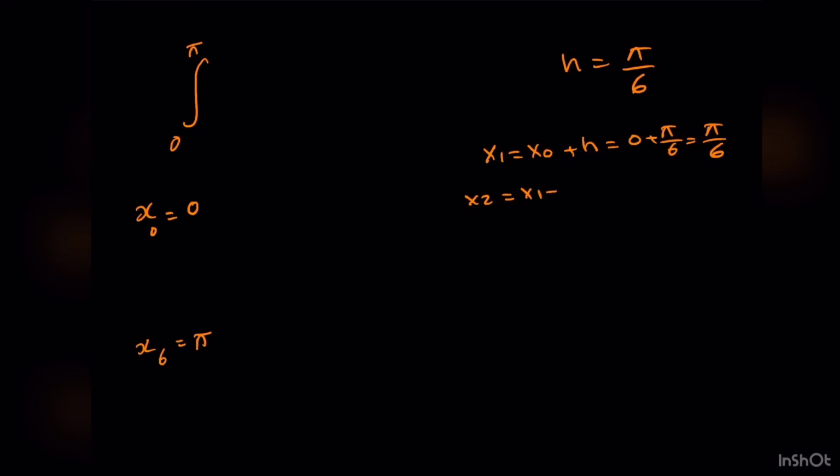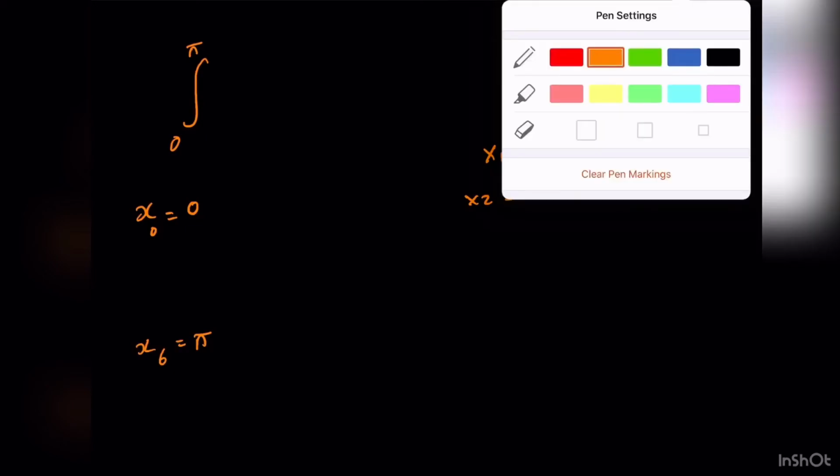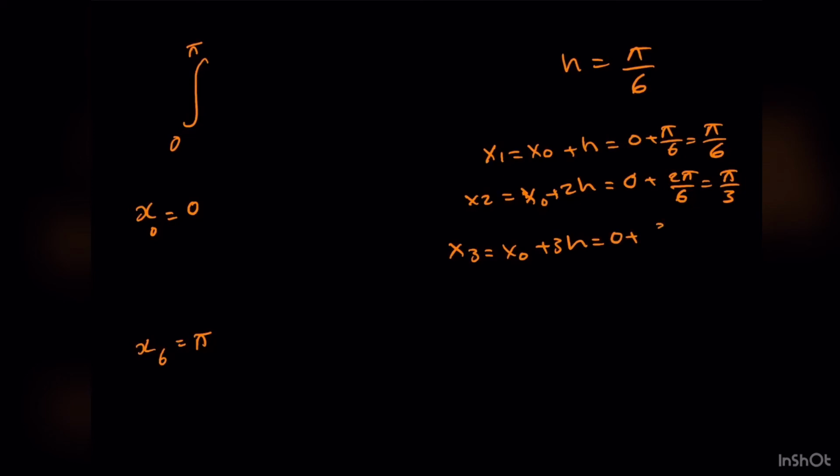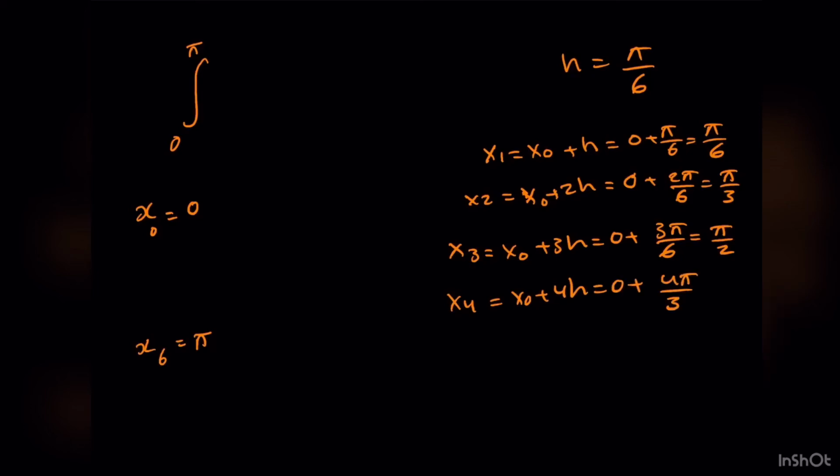x2 is x0 plus 2h, which is 0 plus 2 pi over 6, and that will be pi over 3. x3 is x0 plus 3h, which is 0 plus 3 pi over 6, and if you simplify this, 3 over 6 is 1/2, so it's pi over 2. x4 is x0 plus 4h, which is 4 pi over 6, divided by 2, so it's 2 pi over 3.